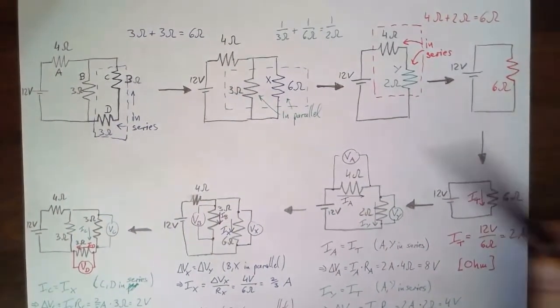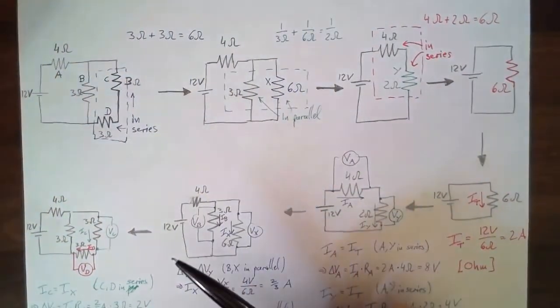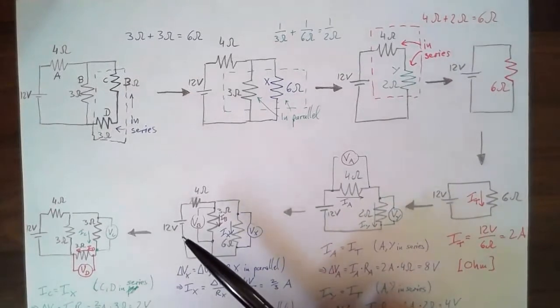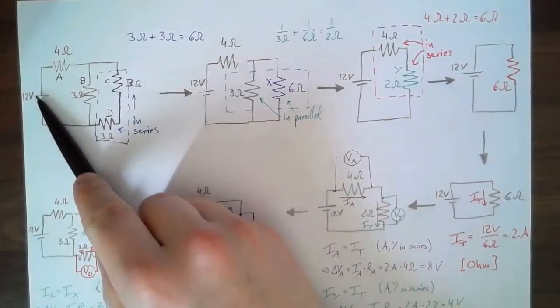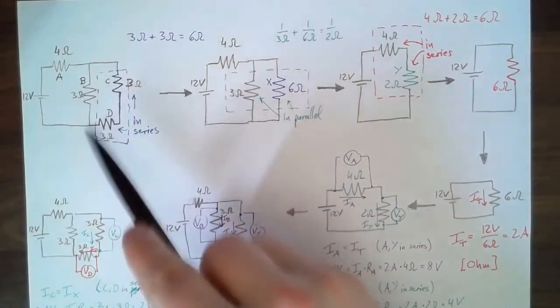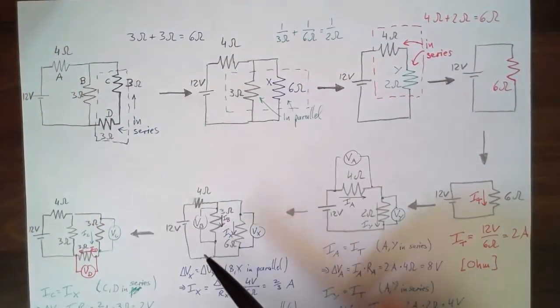So let's start. You look at this and you try to identify which resistors are in parallel and which are in series. You will be able to start somewhere. If it's a circuit with just one battery, there are going to be some resistors which are in series or in parallel, no matter how complicated the circuit is.